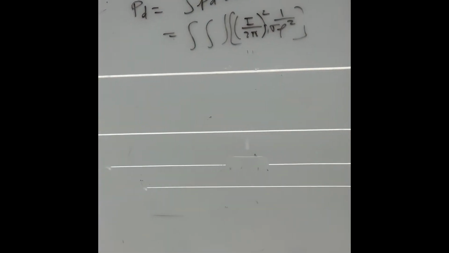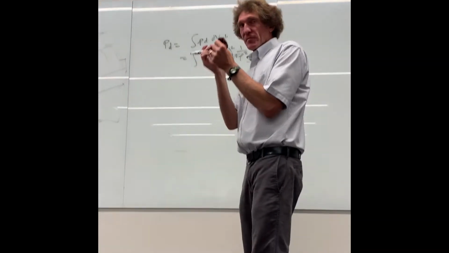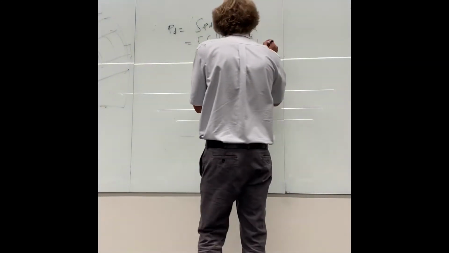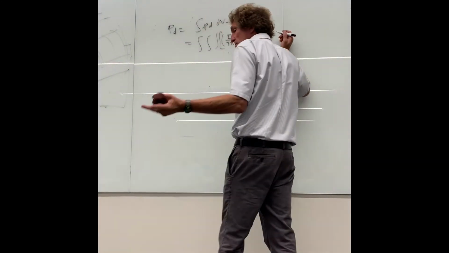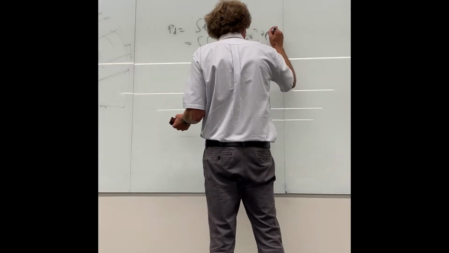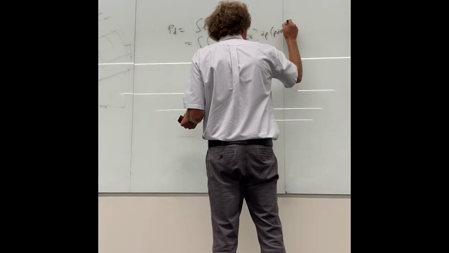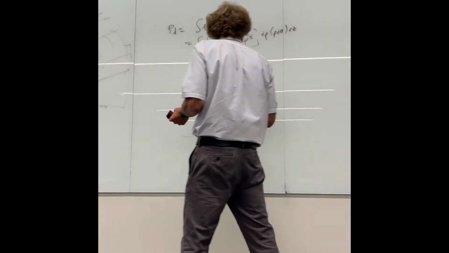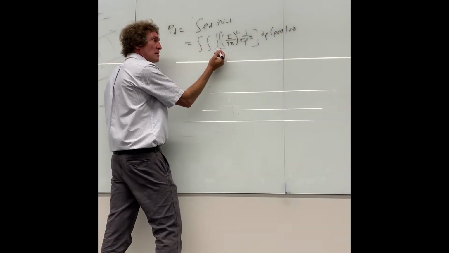Now I have to multiply by the differential unit of volume in cylindrical coordinates. And what is that? Think about the differentials. It's d rho, right? What's the next one? Rho d phi and dz, all right? Now, rho goes from where to where?